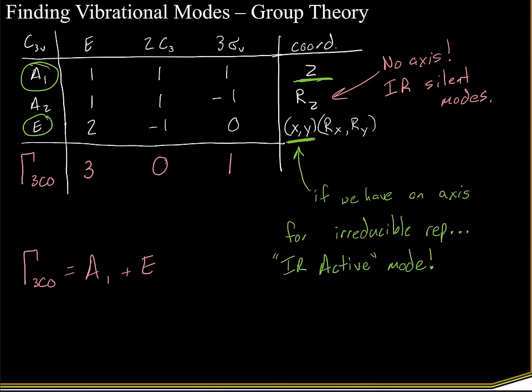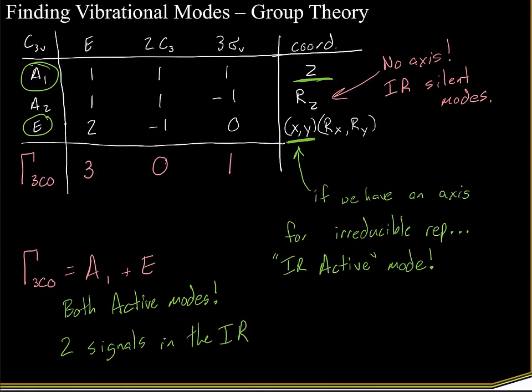So if we look at our big gamma that we derived that contains A1 and E, these are both active. That means that we would expect to see two signals in the IR, which in fact we do.